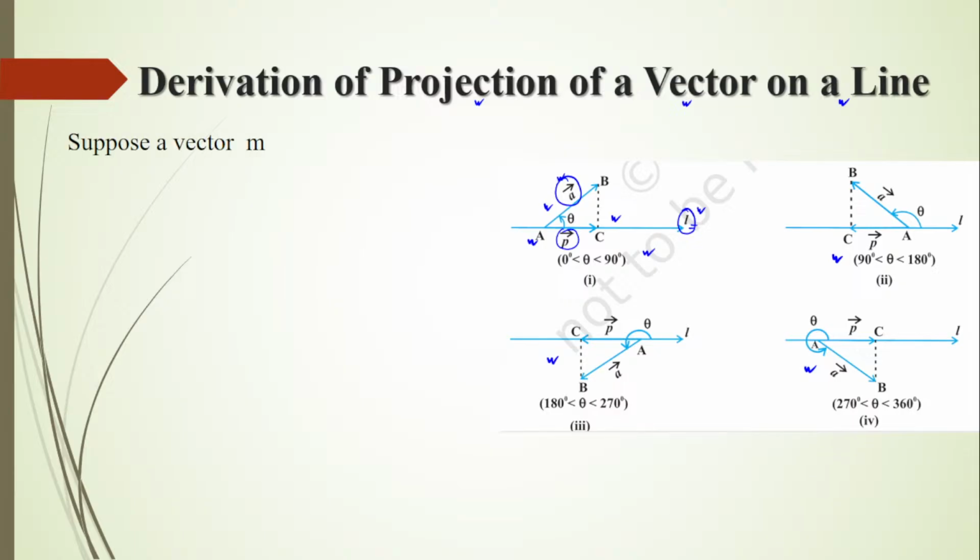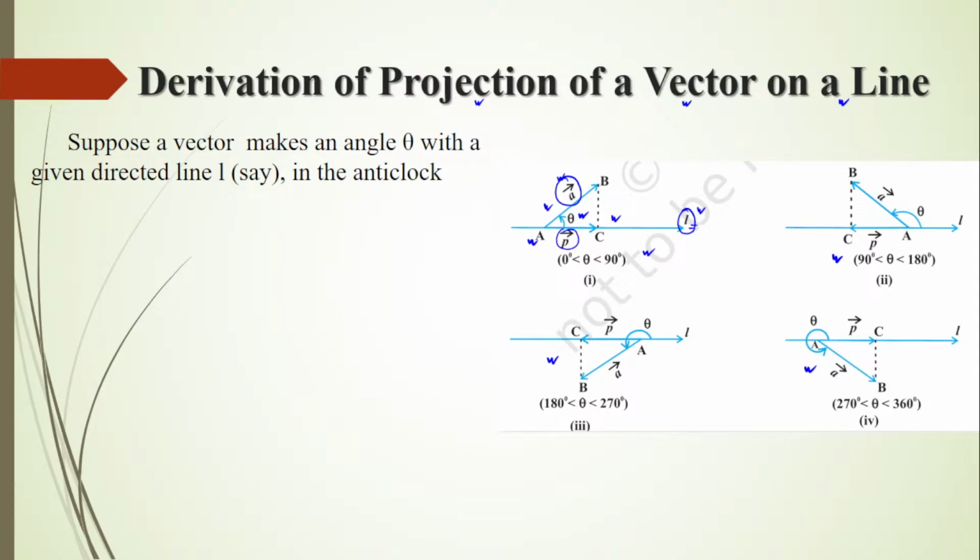Suppose a vector makes an angle theta with the given directed line L, say in the anti-clockwise direction.